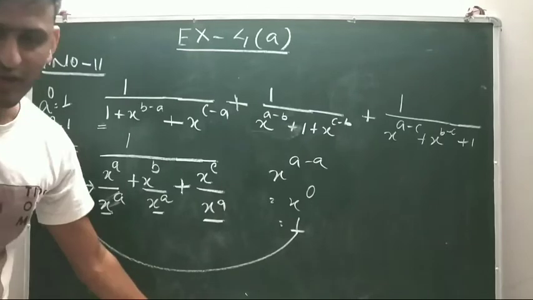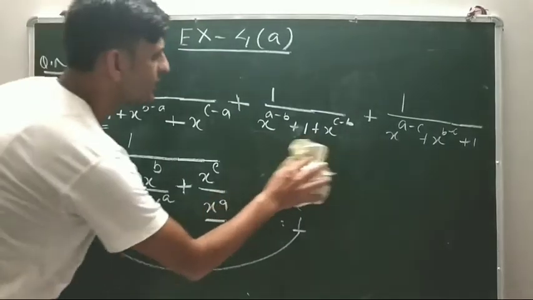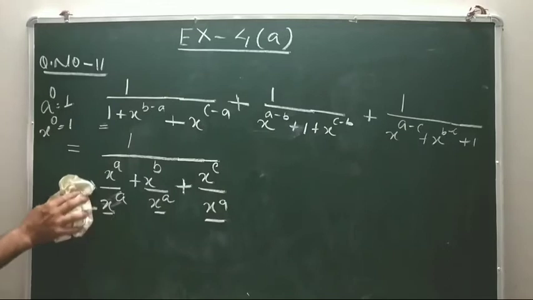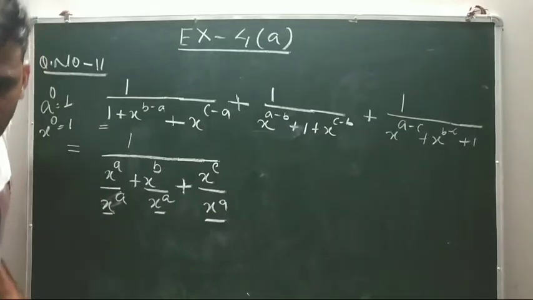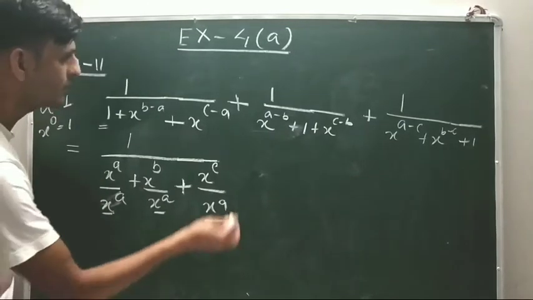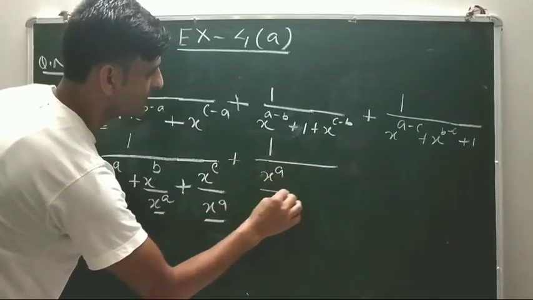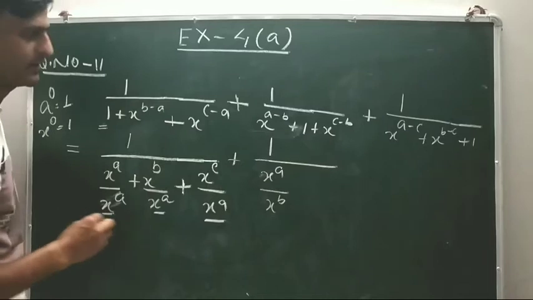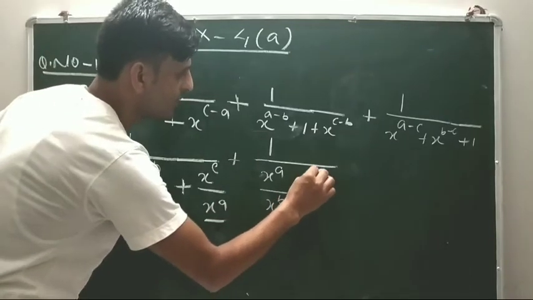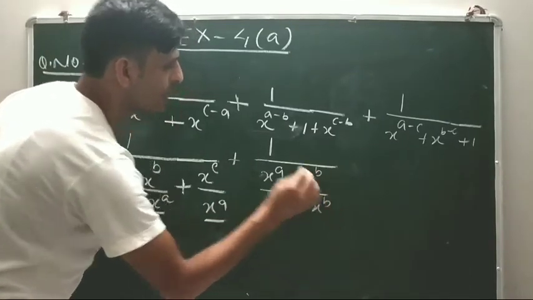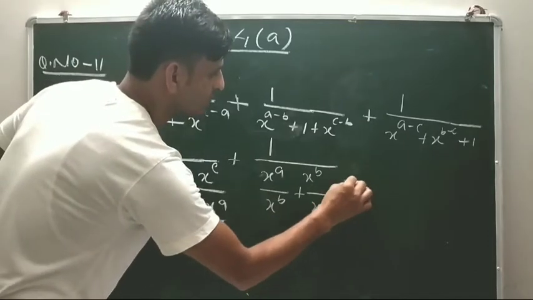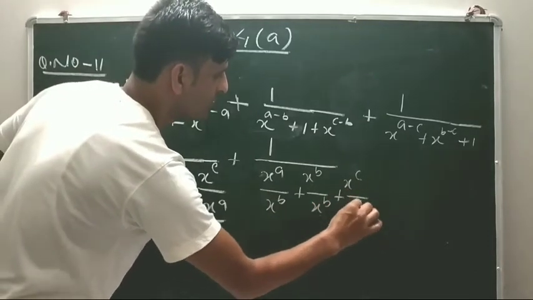Similarly, we will write here also in the second part of this question. See how we will write. It is x to the power a divided by x to the power b plus 1, which means x to the power b divided by x to the power b. Then here in this part, x to the power c divided by x to the power b.